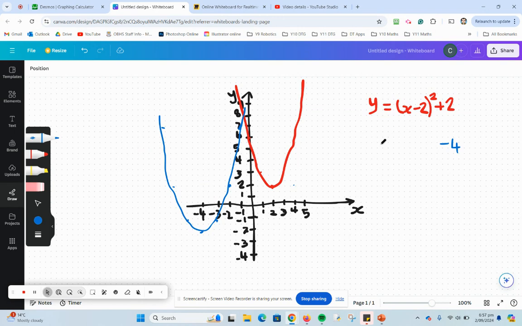Now this, since it's gone down, means it's moved down the y-axis. That means my x value has to have had 2 added to it. So if I go plus 2 to that, before I square it, that will shift it down.